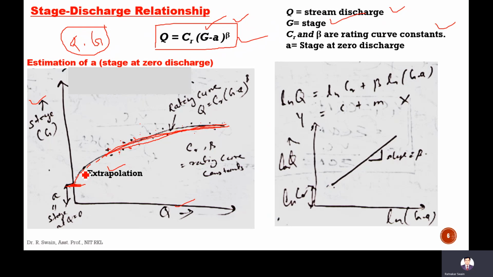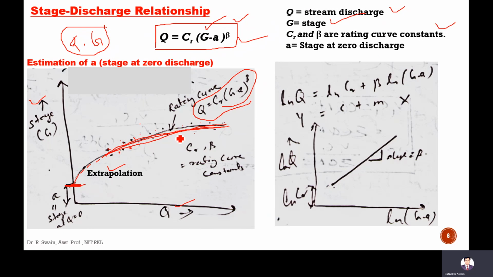This A is called the stage at zero discharge. Then the equation of the fitting curve can be developed in Excel in this form: Q equals C_R into (G minus A) to the power beta, where C_R and beta are called rating curve constants.